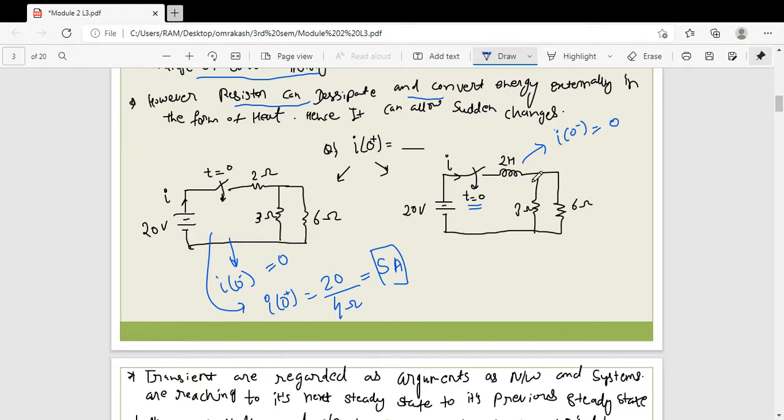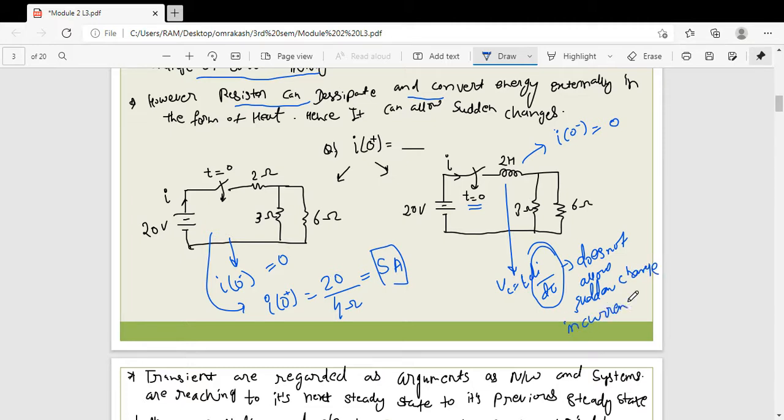But you very well know an inductor doesn't allow a sudden change in current. What is the formula for the voltage VL? VL is equal to L di by dt, right? This indicates it resists the sudden change in current.